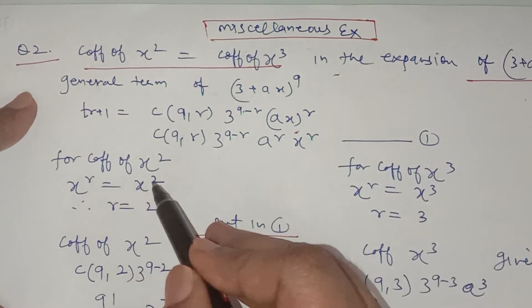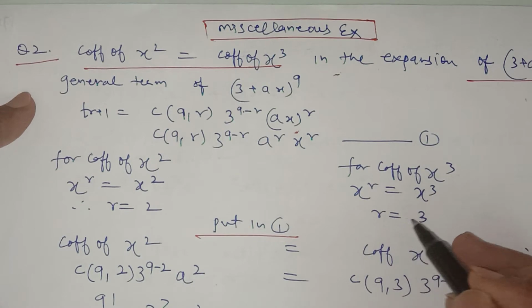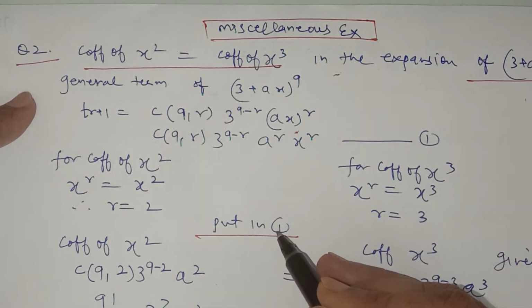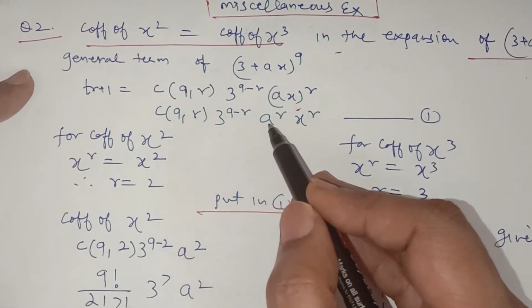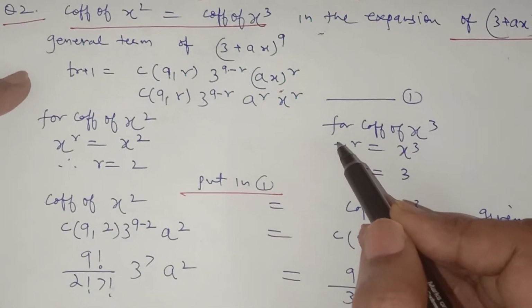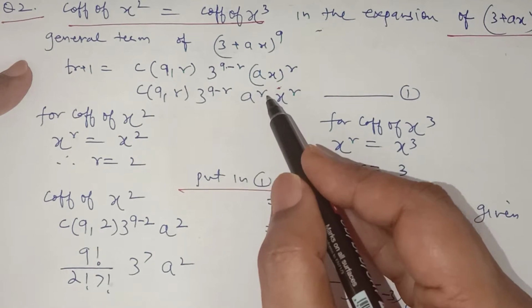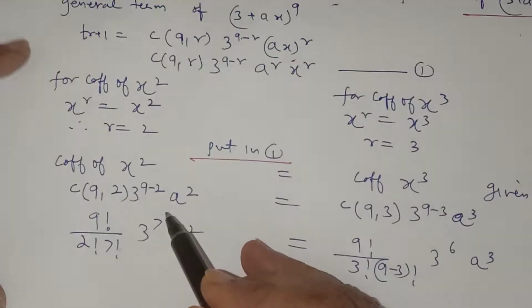So here, by comparing, we get r as 2 and r as 3. Putting r as 2 in this equation number 1, you will get the coefficient of x squared, and putting r equal to 3, you will get the coefficient of x cubed.